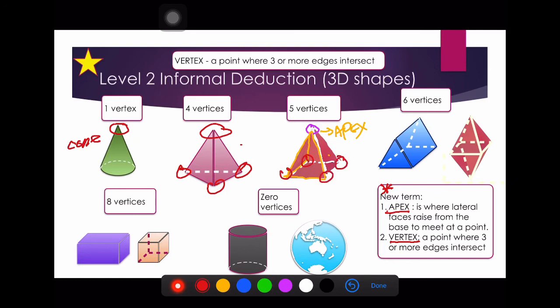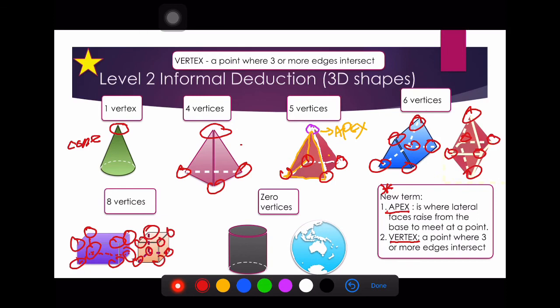And for a triangular prism, 6 vertices. This is the square-based bipyramid, and these are 8 vertices. You have to draw the dotted lines only for the edges that you cannot see. And then for cube, for cylinder and the sphere, they don't have any vertices.